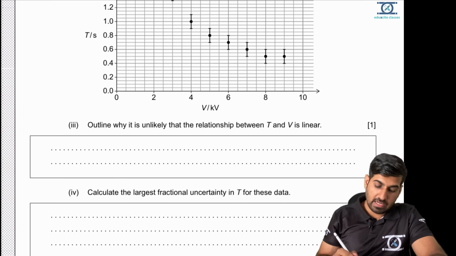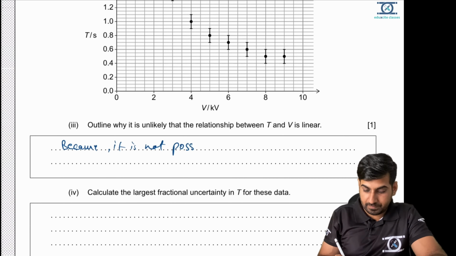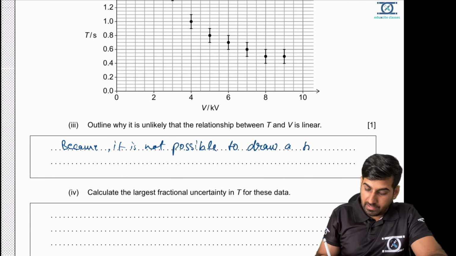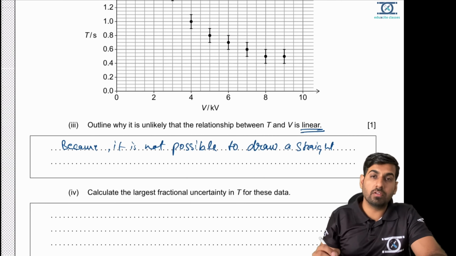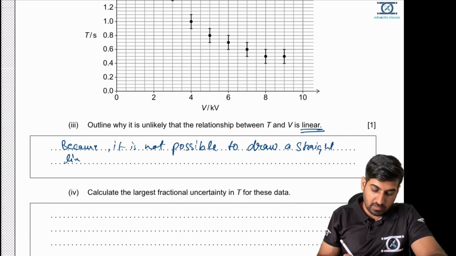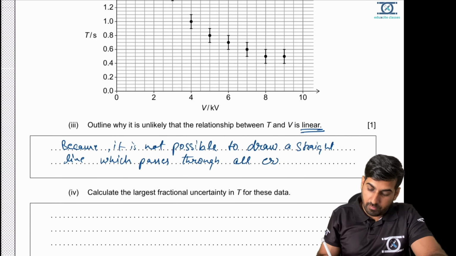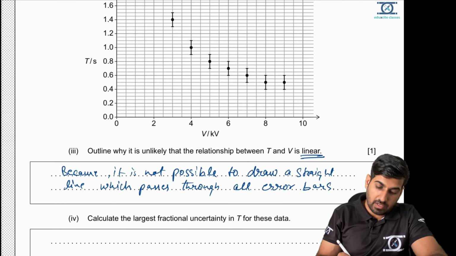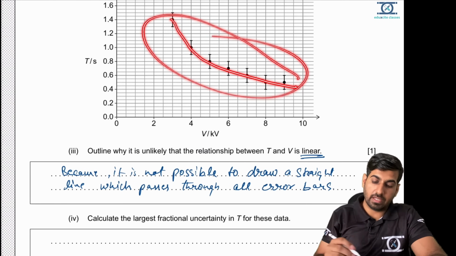So it is unlikely because it is not possible to draw a straight line which passes through all the error bars, because linear means it should have a constant slope. You cannot draw a straight line which passes through all the error bars.